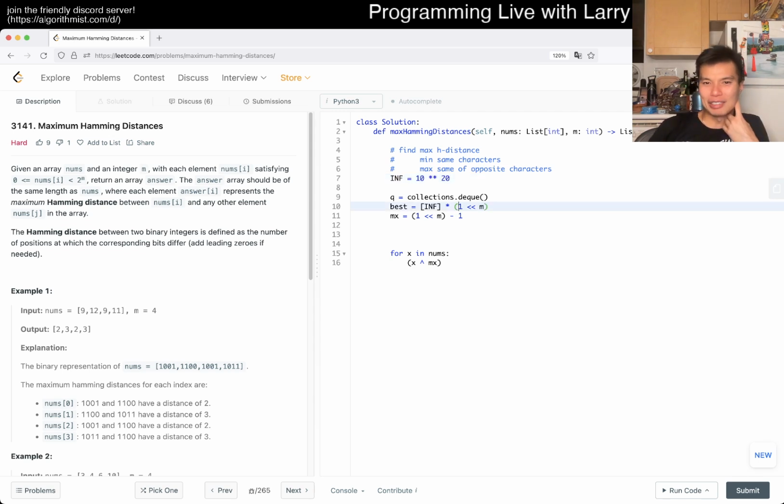People ask me why I do left shift sometimes, and for this one it makes sense because we care about the bits more than we care about the 2 to the m per se, so that's why I do it this way.